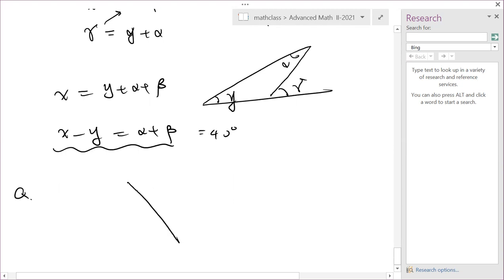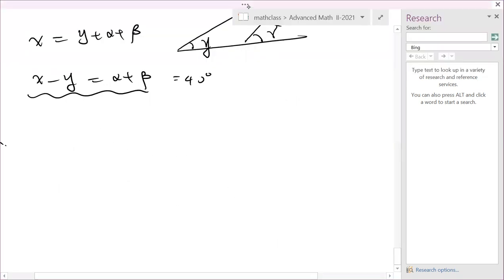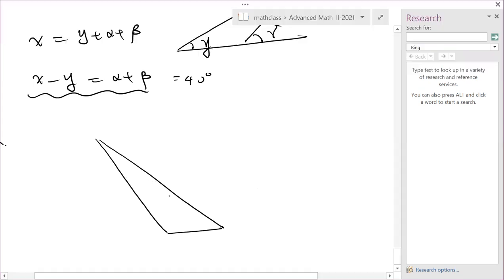Let's see. I draw the picture here. I have to draw it a little bit differently. All right. So A, X, Y, B, and C. What we know is AX equals XY equals YB equals BC.